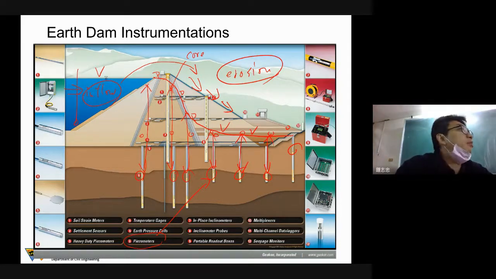Okay, so this might be the second possible failure mode for the earth dam.